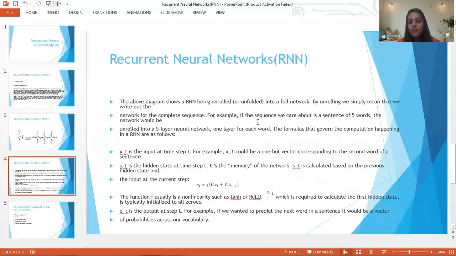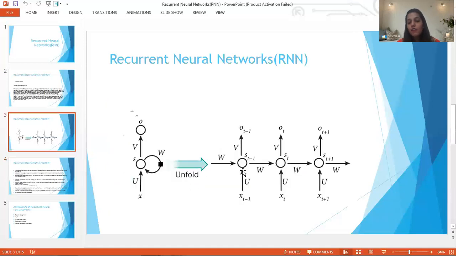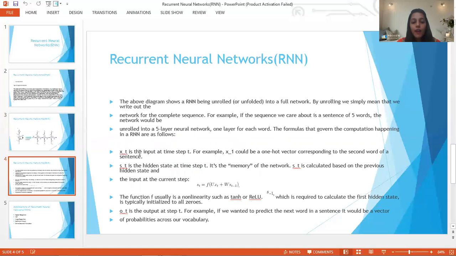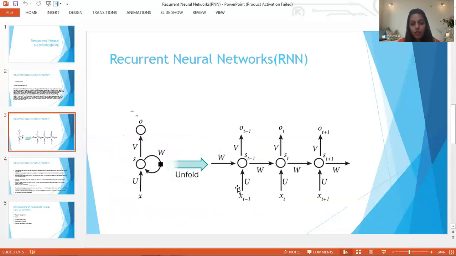For example, if the sequence we care about is a sentence of five words, the network would be unrolled into a five-layer neural network. Here it is unrolled into three layers because the statement has three words.